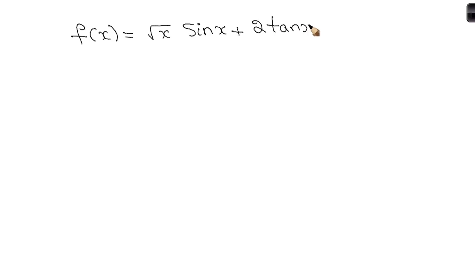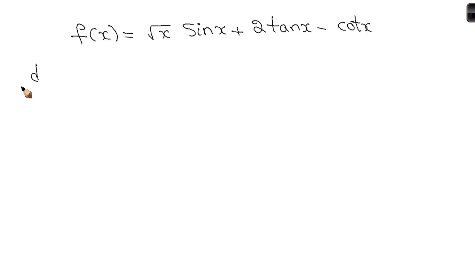Let me solve and show you a third example so that you get more clarity on this. For example, take a function f of x, which is root x times sin x plus 2 times tan x minus cot x.